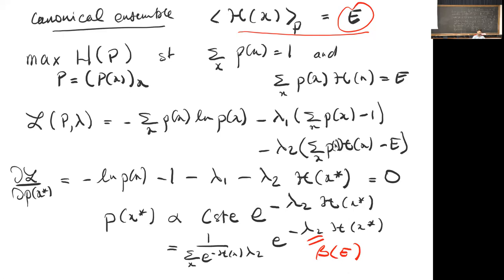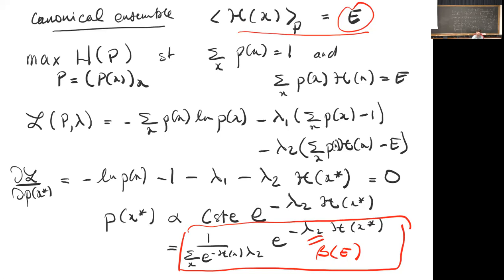So you see, we got two extremely nice things here. First, we derived the Boltzmann distribution: exponential of minus beta h of x star over Z. And also, now we understand why, without calling thermodynamics, fixing the inverse temperature is controlling the internal energy.